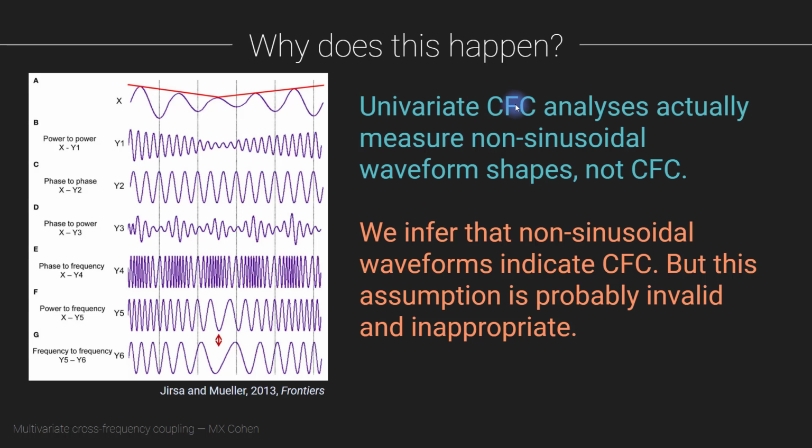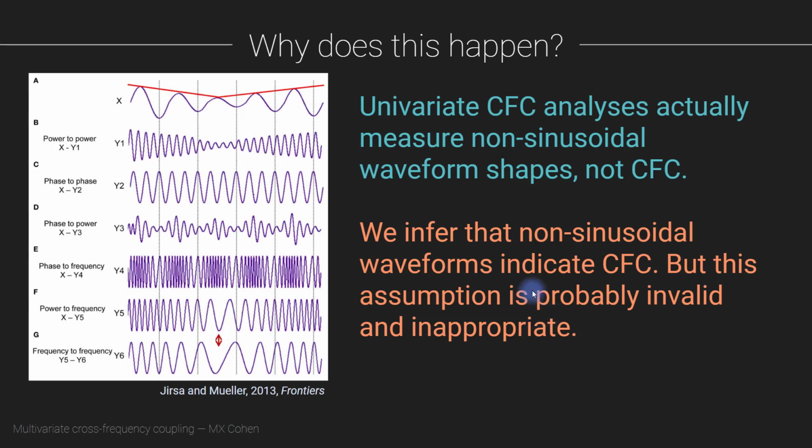So we say positive univariate cross-frequency coupling equals neural cross-frequency coupling. Now, that could be the explanation, but it's also possible that a positive univariate cross-frequency coupling result is driven by a non-sinusoidal waveform shape, not by true cross-frequency coupling. Okay, so the problem is that I'm going to argue now in the next slide that this assumption is probably not such a great assumption.